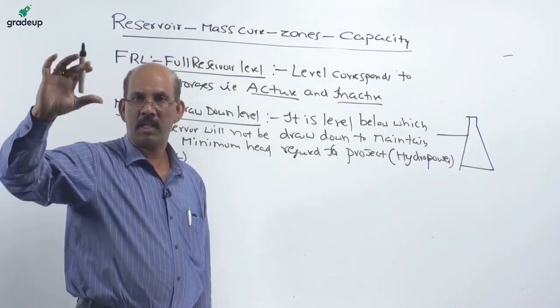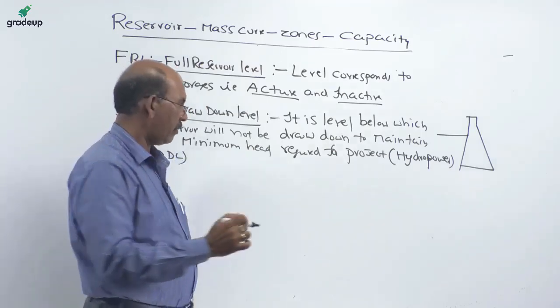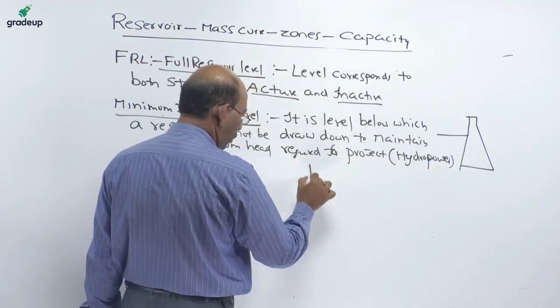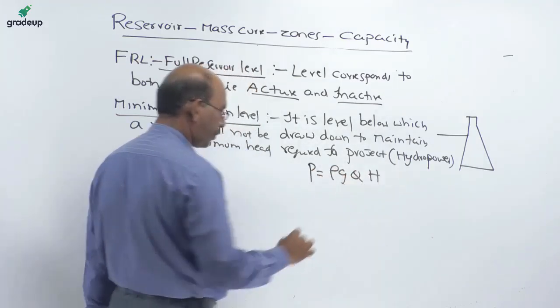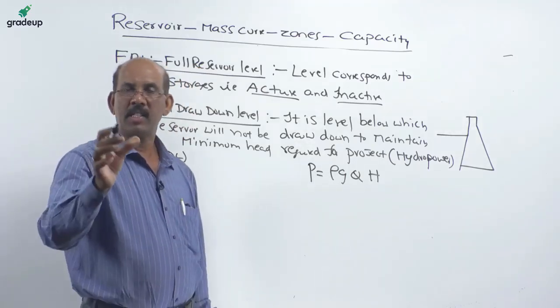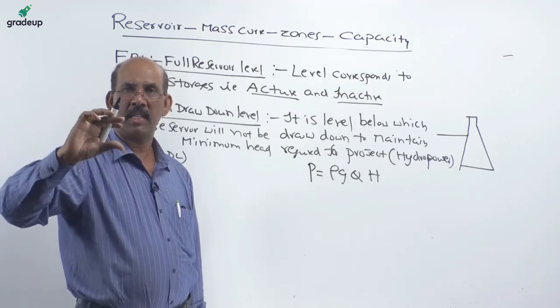Drawdown means the falling of the water level, because for hydropower, power is equal to rho g q into h, where q is the discharge, that is the flow, and h is the head.